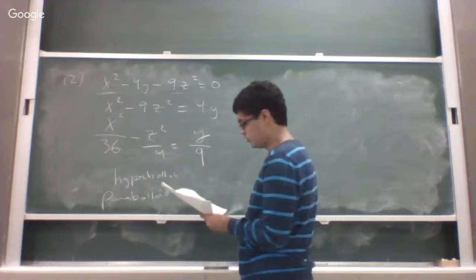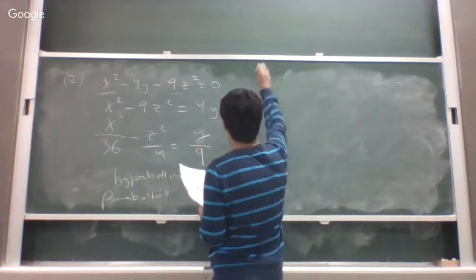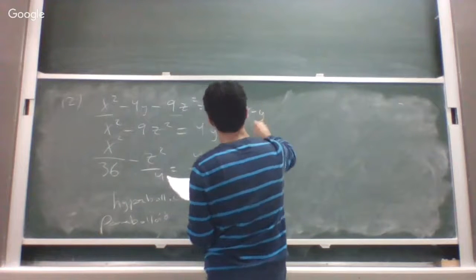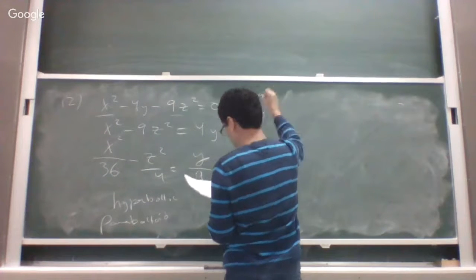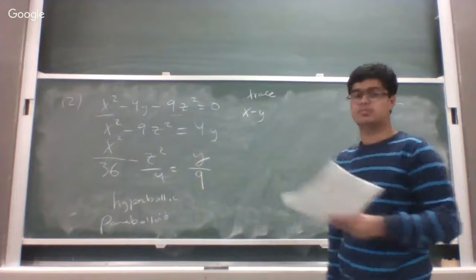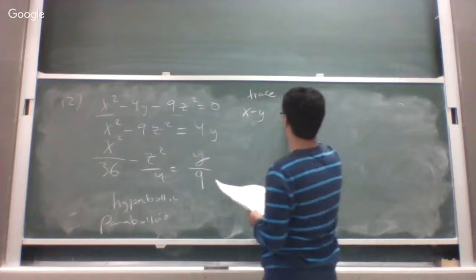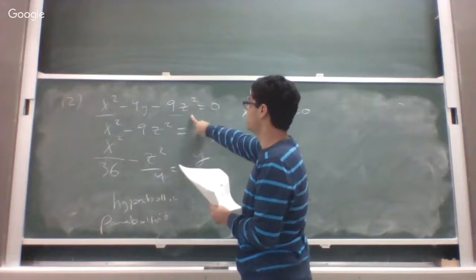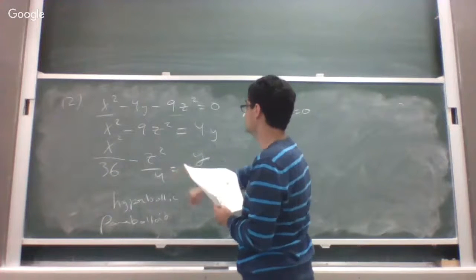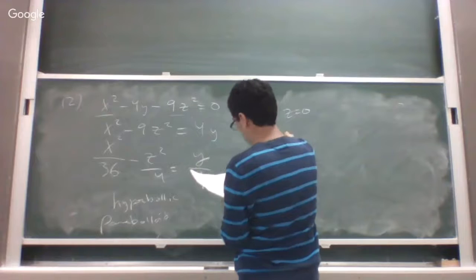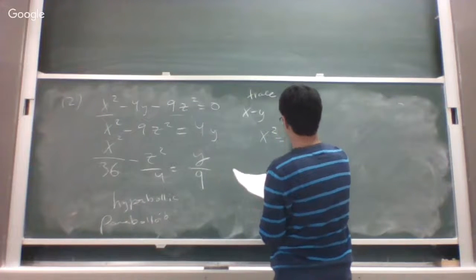Okay, let's do the traces quickly, and then you guys can leave. With the x, y trace, what is equal to 0? So you plug in 0 here in this equation. So we simplify it, we get x squared equal to 4y.